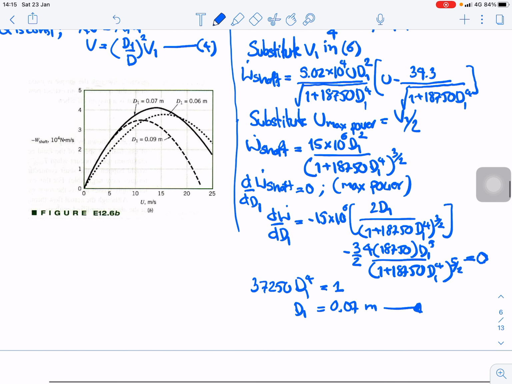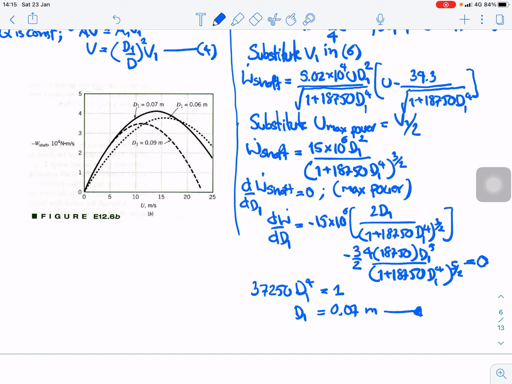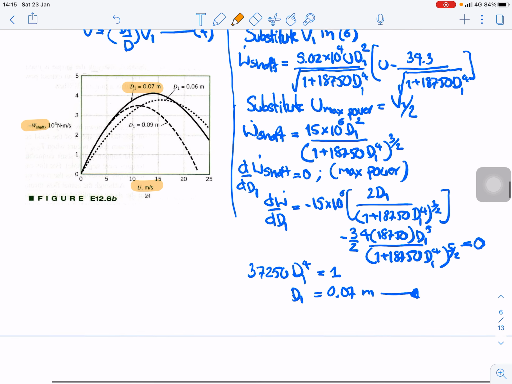If we want to try with a curve, we can plot the velocity U against the power, and we can try different D by numerical method, and we can prove that D1 of 0.07 gives the maximum power.